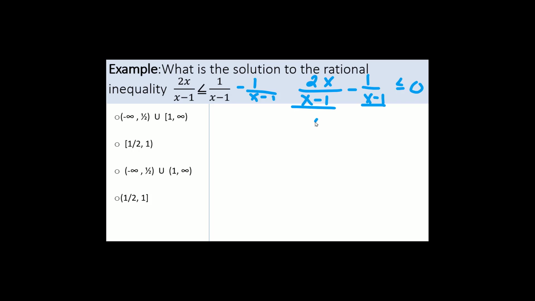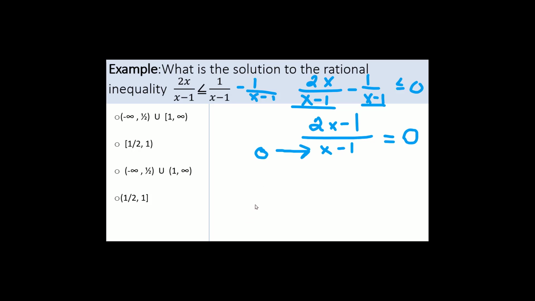So in the numerator we have 2x minus 1, and we have x minus 1 in the denominator. We'll set that equal to 0, and we'll look for any zeros or any extraneous solutions, or where x minus 1 would be 0. That would give us an undefined solution.